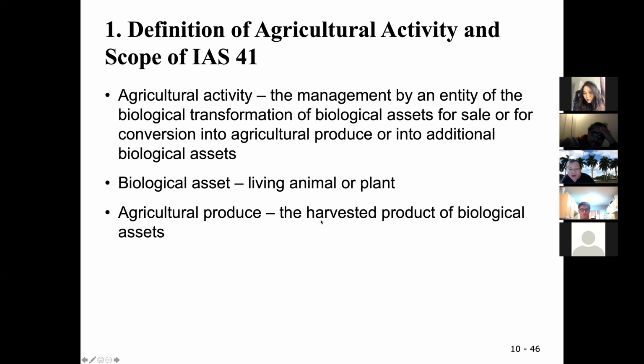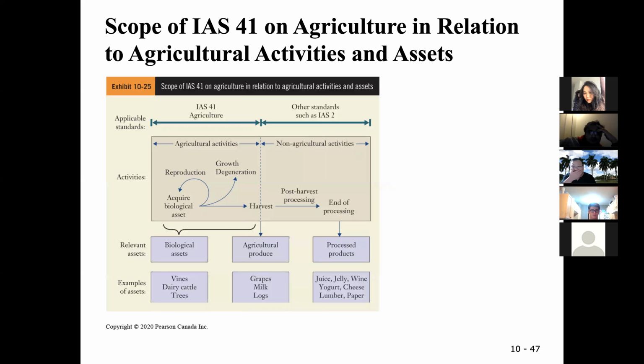Agricultural produce is the harvested product of biological assets. So milk is the harvested product, the agricultural produce. It's not the biological asset. The dairy cow is the biological asset, and the milk is the agricultural produce. That's the scope.